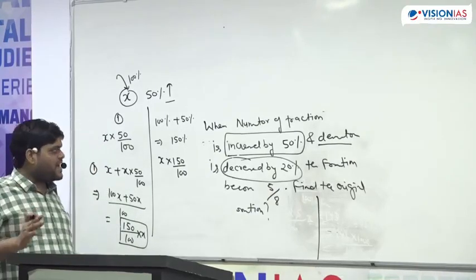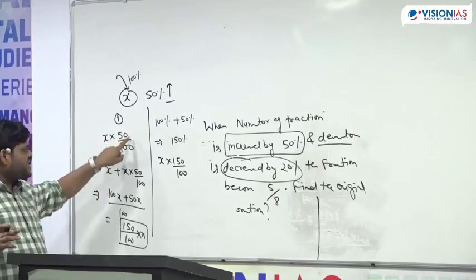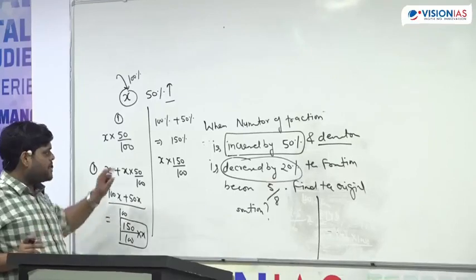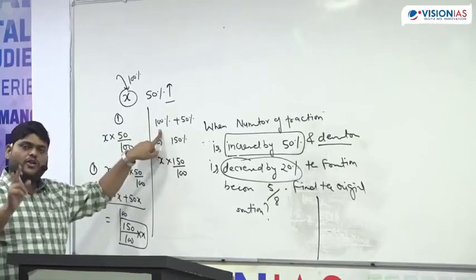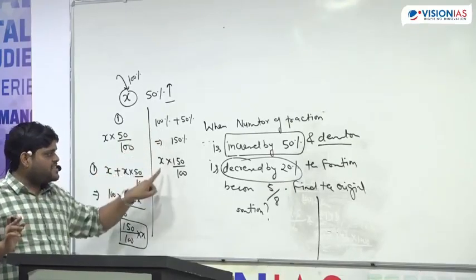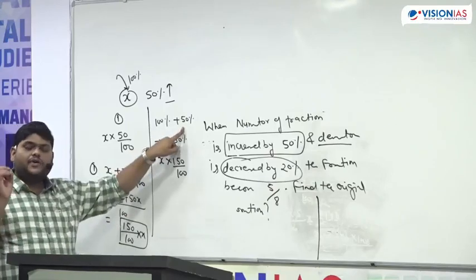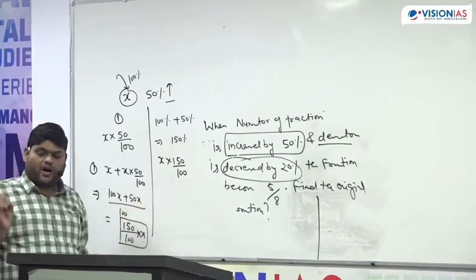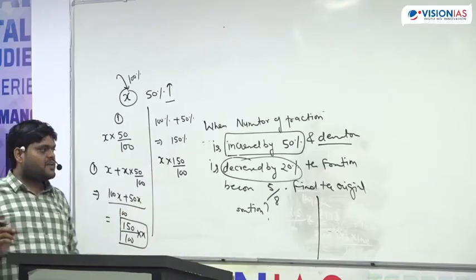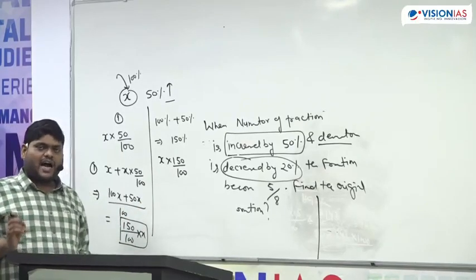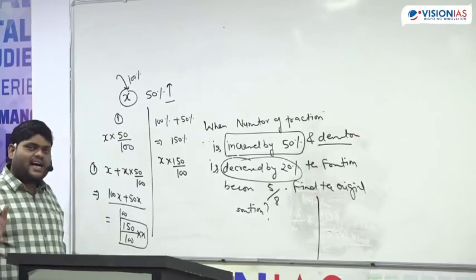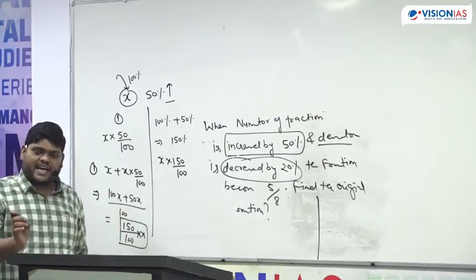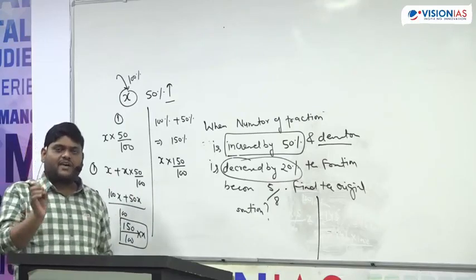So there are two ways. Either simply find 50% and then add it, and you will get the same answer. Or the second way I told you: change both things into percentage and directly write that if you are increasing a number by 50%, the number becomes 150%. If you don't revise, I can't help you, sir. Yesterday itself I took an example. That's why I gave you the whole day.